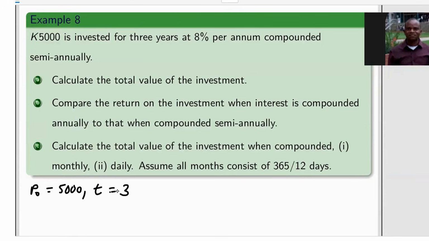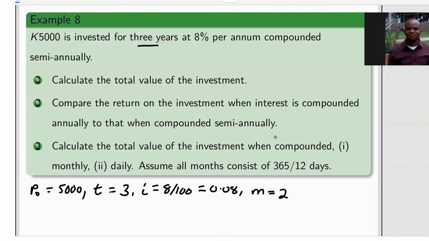We are told in the question there, 3 years. Then what about I? I is equal to 8%. 8% means 8 divided by 100, which gives us 0.08. Then we are told that it is compounded semi-annually. So semi means 2, so m is equal to 2.